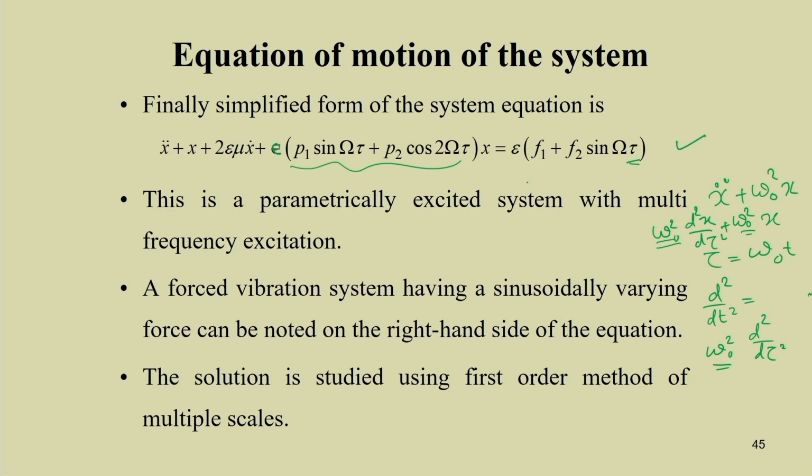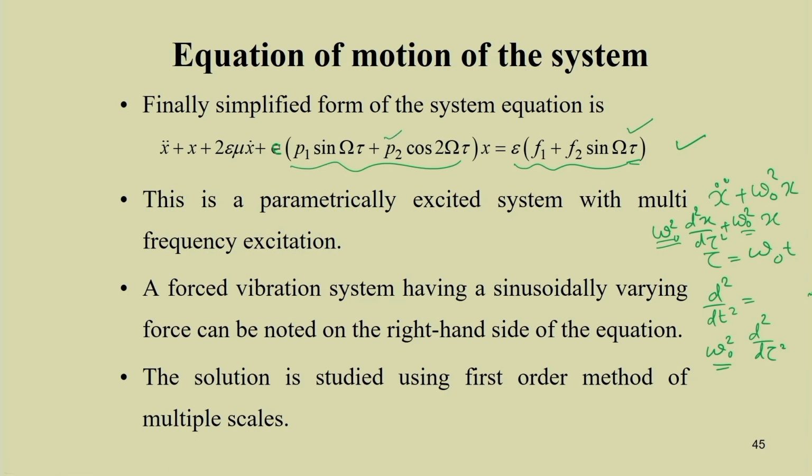But see the difference from the Mathieu or Hill's equation we have studied: there the right hand side was 0, but in this present case in the right hand side we have a term epsilon f 1 plus f 2 sin omega t. So, this is the direct excitation term and this is the parametrically excited system.